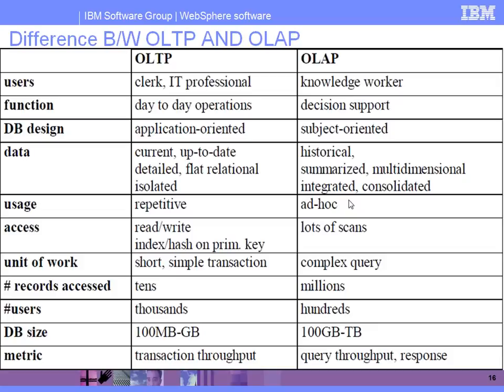These are used by knowledge workers. The data we have in the data warehouse, this online analytical processing, means data warehouse. Data warehouse data will be used by knowledge workers like middle level managers, top level management, and individual department level management.